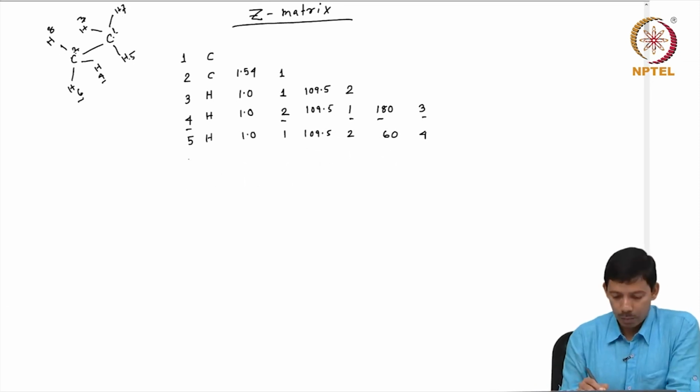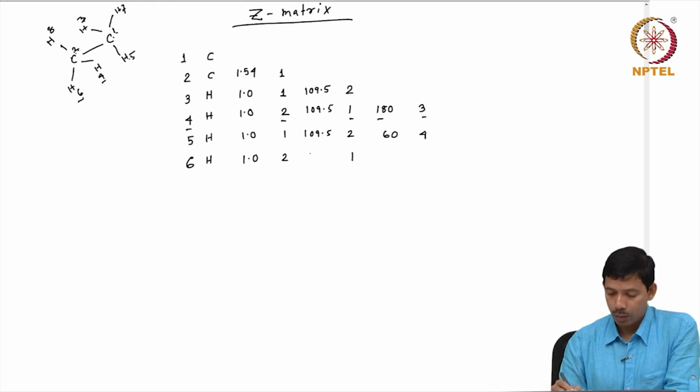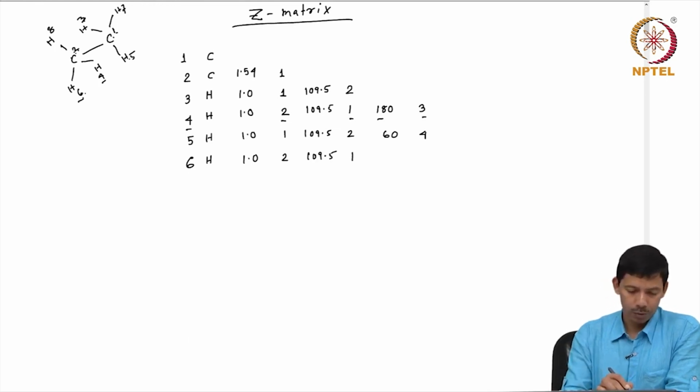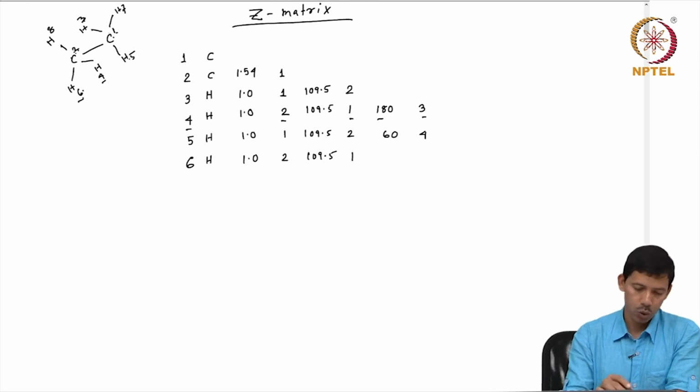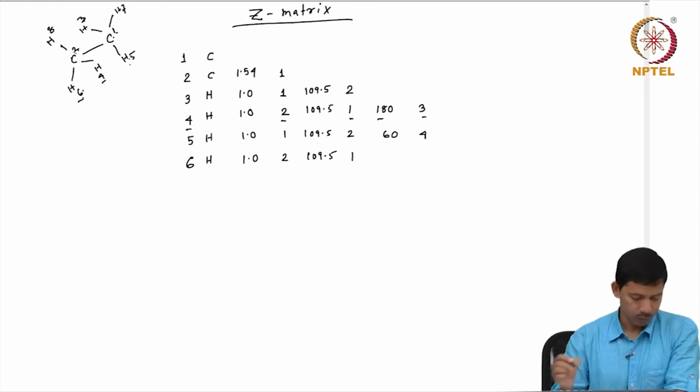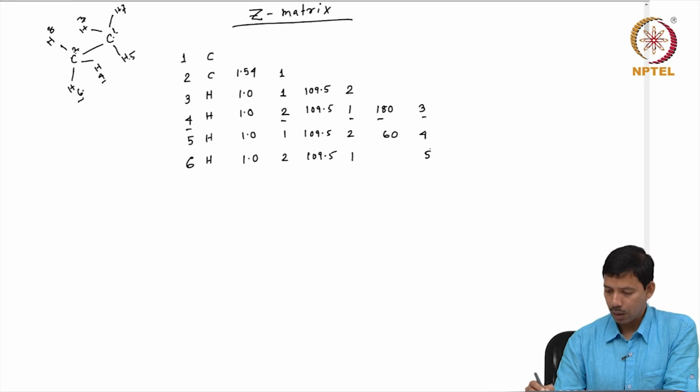Atom number 6 is also a hydrogen which forms a bond with 2 of 1.0, forms the angle of 6, 2, 1 with a value of 109.5, and then it also forms a dihedral of 6, 2, 1, 5, and that dihedral angle is minus 60.